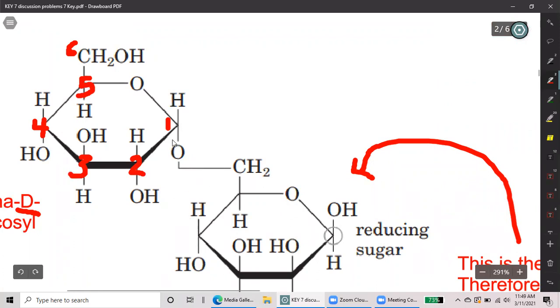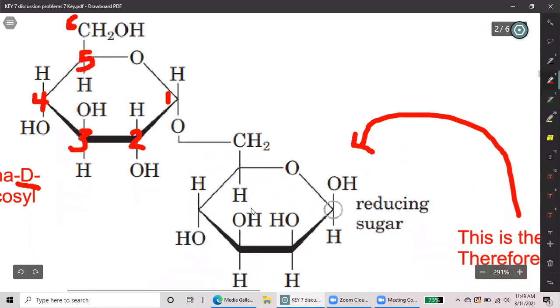Okay, so 1, 2, 3, 4, 5, 6. All right, and then let's number these guys over here. We have 1, 2, 3, 4, 5, and 6. Okay, so we see that this connection is happening between carbon 1 and carbon 6.